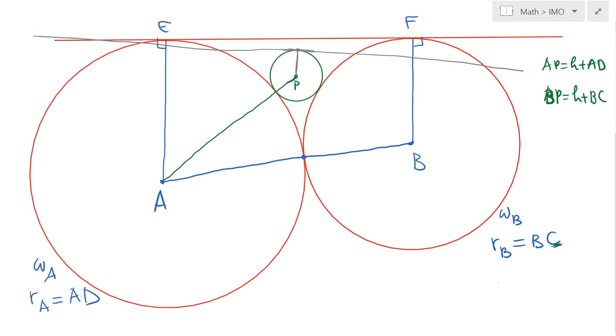So therefore, there are two candidates. Sorry for that. So probably something like this would be better. So we have two candidates for point D. Let's call them D1 and D2 here. And there are also two candidates for point C, namely C1 and C2 here.